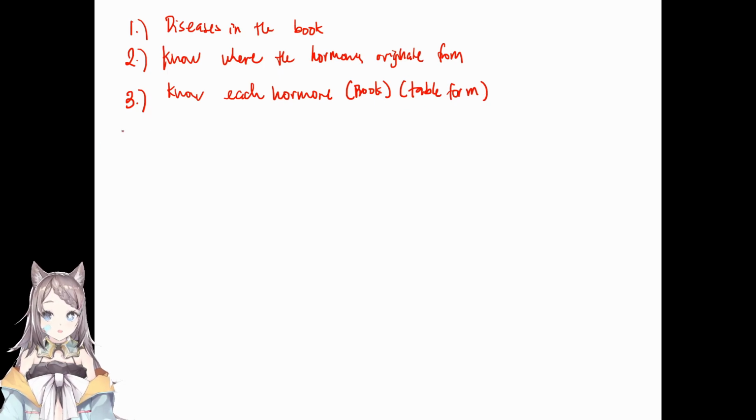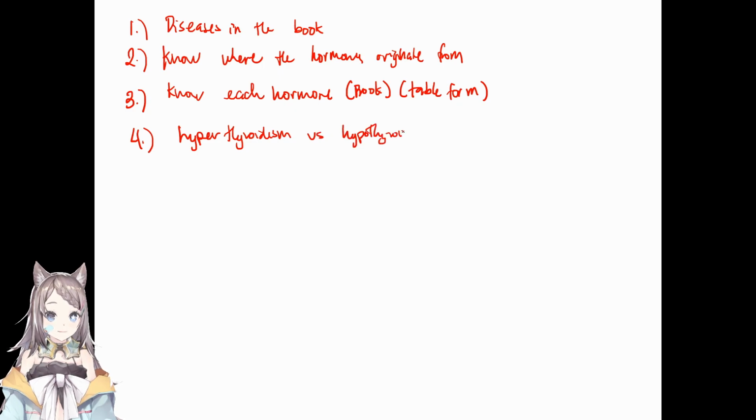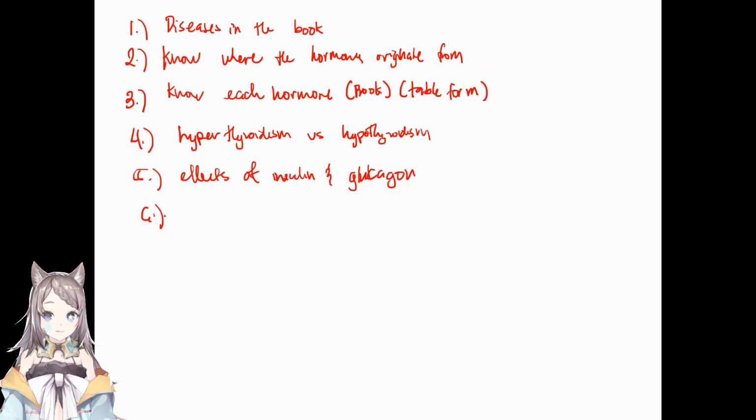Next also is hyperthyroidism versus hypothyroidism. 5, effects of insulin and glucagon. Next is the different types of responses, positive and negative feedback.